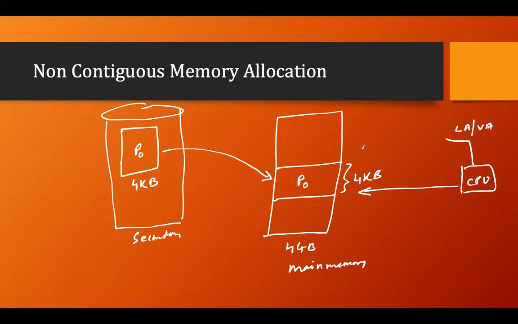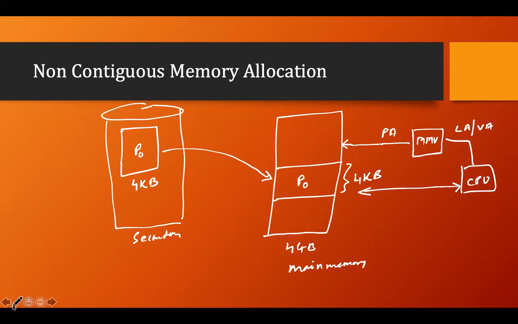This particular address that has been generated will be translated using the memory management unit, and this will convert it into the physical address. This physical address we can find in the main memory from here, and we are fetching the data and giving it to the CPU again. So this is the way we do it in contiguous memory allocation.